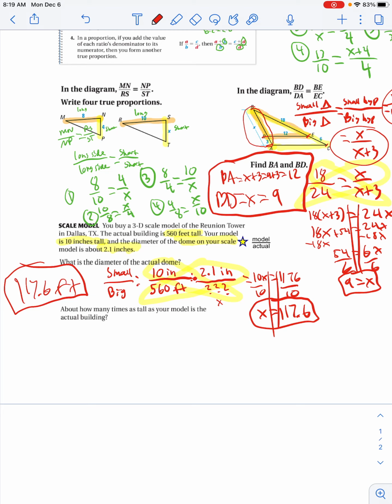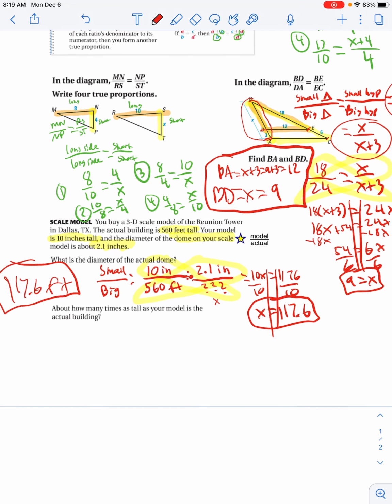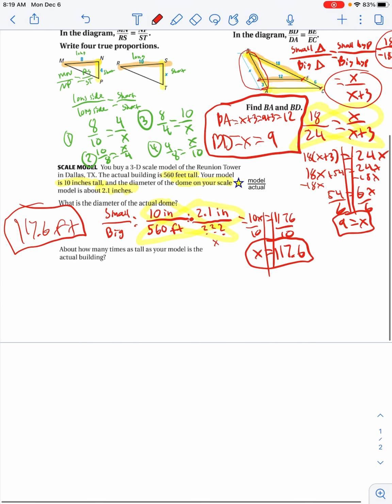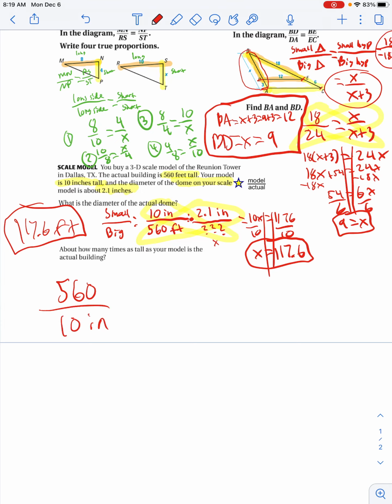And about how many times as tall as your model is the actual building? Let's look at what we plugged in. The building is 560 feet and our model was 10 inches.